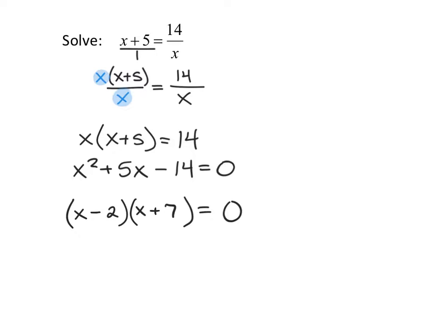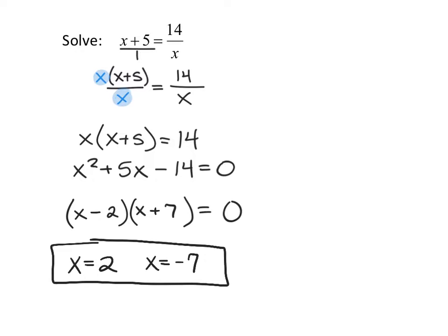If we go on to the solve step, we know that x is going to be equal to 2 and x is going to be equal to negative 7. Here are my solutions, but I have to go back and check the original restrictions of this graph. The original restrictions are that any of the original denominators cannot be equal to 0.